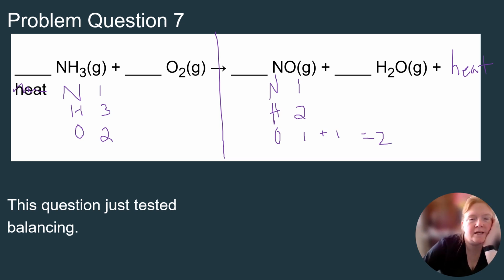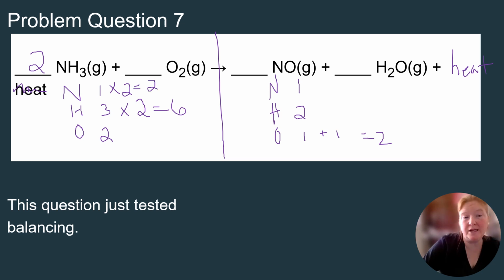Okay, well, my H's don't balance. The nitrogens are fine and the oxygens are fine, so I've got to fix hydrogen, right? Well, this is an odd even pair, so the best bet is to multiply this by 2 to make it even, right? So when I do that, it doesn't just change hydrogen, it also changes nitrogen.